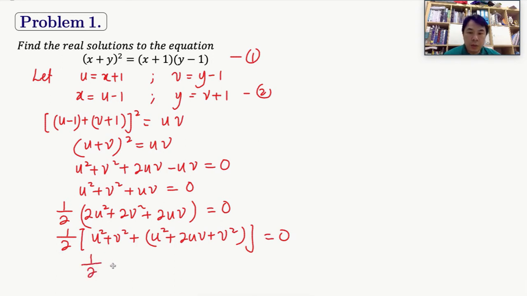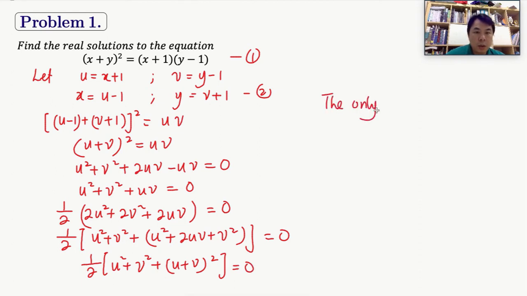Now from here we will reach the same conclusion as before, but the format is a bit different. So that's what we have, and we can conclude that the only solution for this expression is when u is equal to 0, v is equal to 0, and at the same time u + v must be equal to 0.